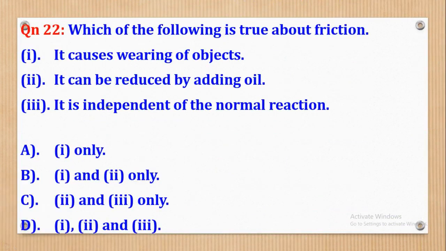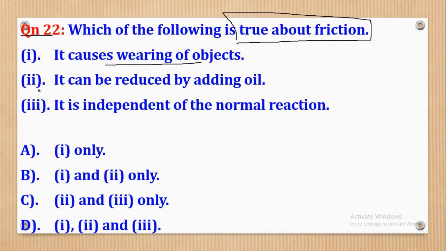Now I shall go to question 22, which says, which of the following is true about friction? Roman 1, friction causes wearing of objects. Roman 2, friction can be reduced by adding oil.